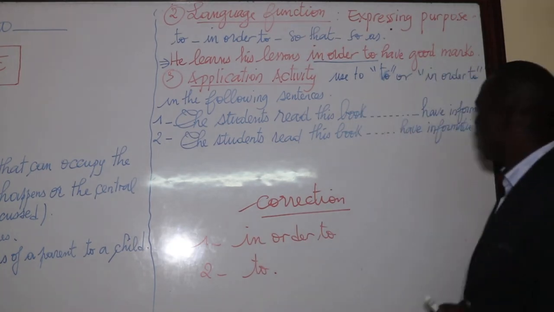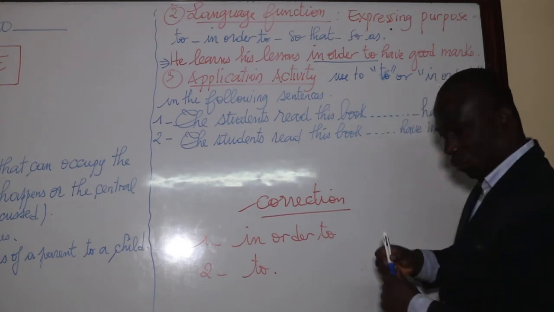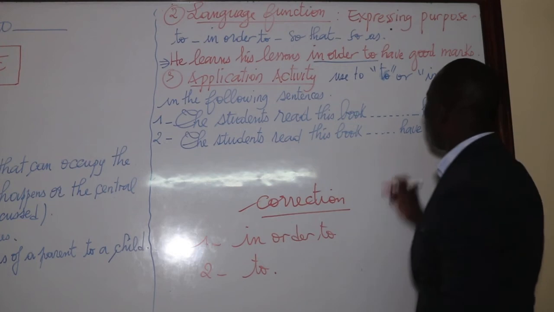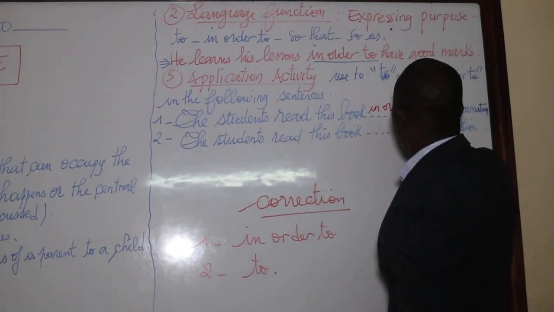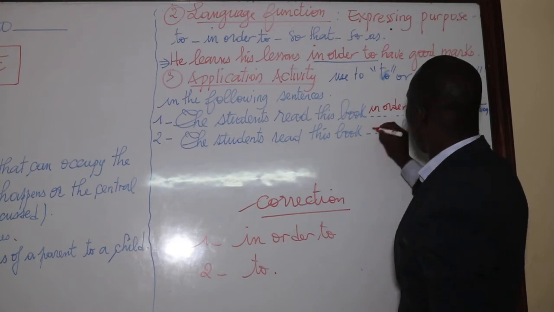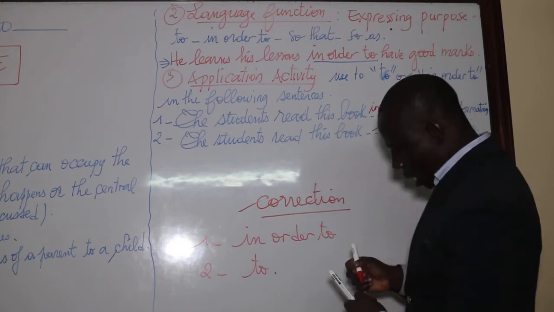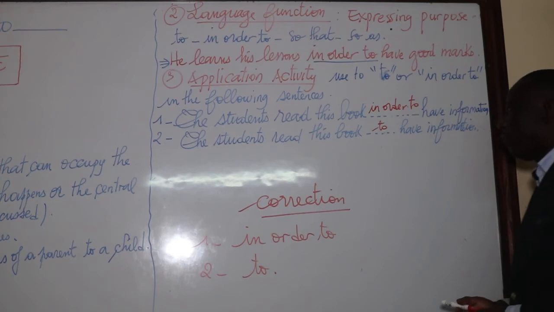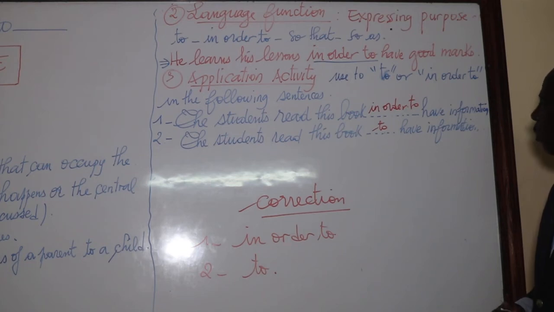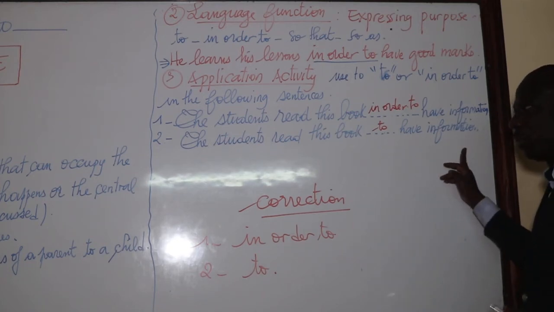Number 1, in order to, with my red pen, let me take my red pen here, okay? In order to. Now here, to. And I read again. The student read this book in order to have information. The student read this book to have information.